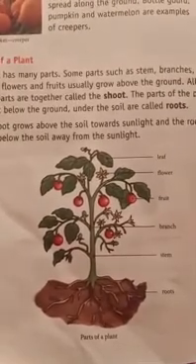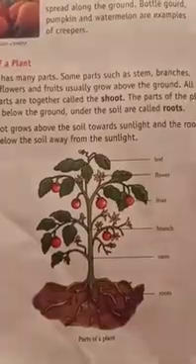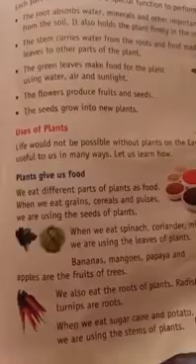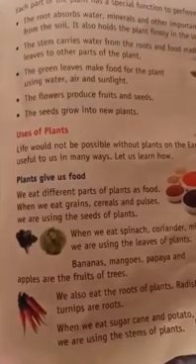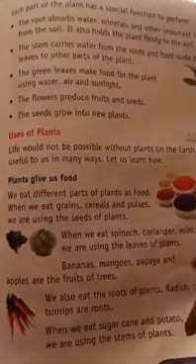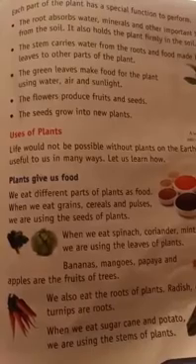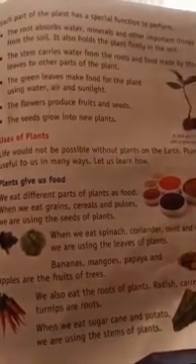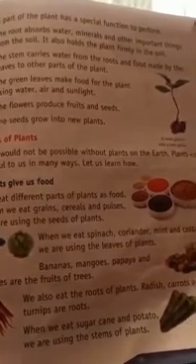We eat different parts of plants as food. We eat grains, cereals, and pulses, which come under the seeds of a plant. We also eat the leaves of a plant, such as spinach, coriander, mint, and cabbage. All those come from the leaf of a plant.